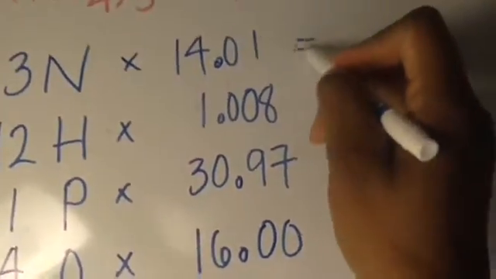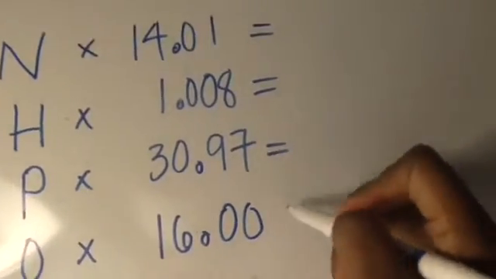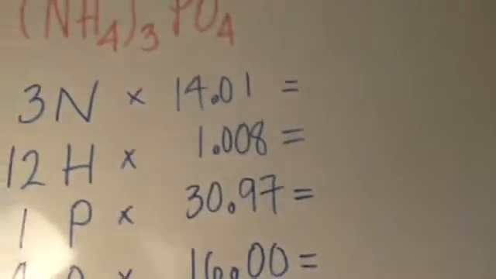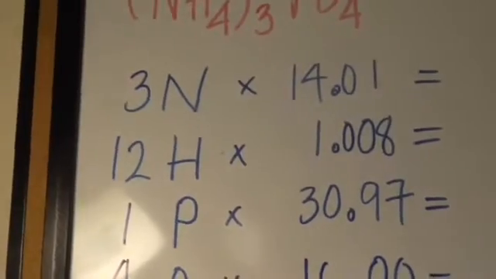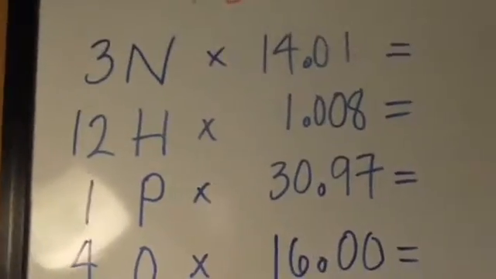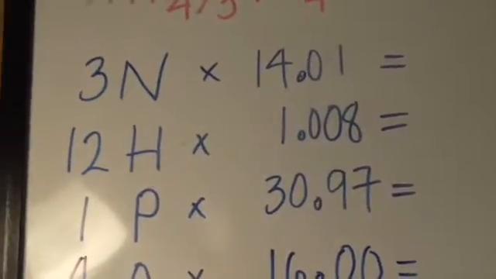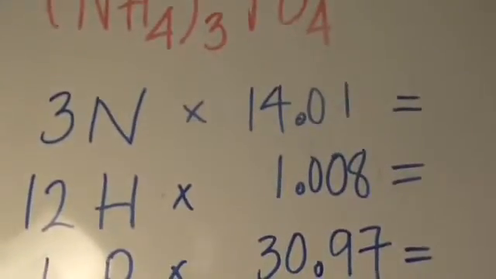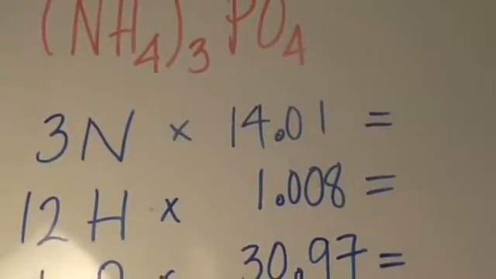Then we're going to multiply all of these out with our calculator and add them up. You definitely want to do this step by step. You do not want to get into the habit of putting it all in your calculator in one step, because then if you make any mistakes, it'll mess up your whole calculation.